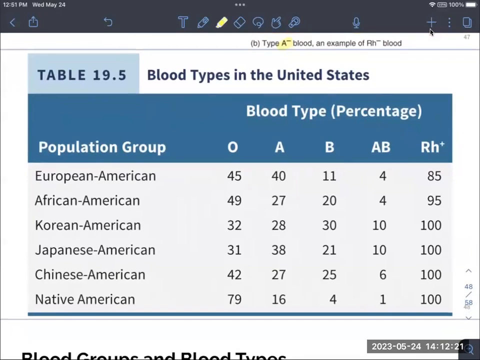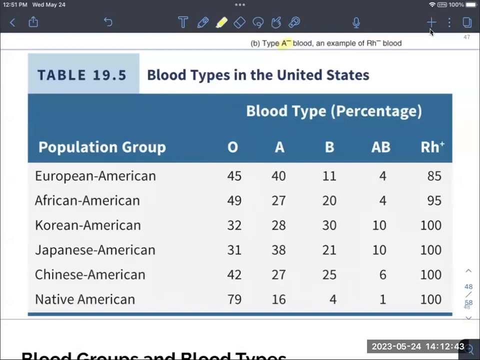So this is just an interesting chart where they did a different study and looked at different populations or groups and the blood types found among them.